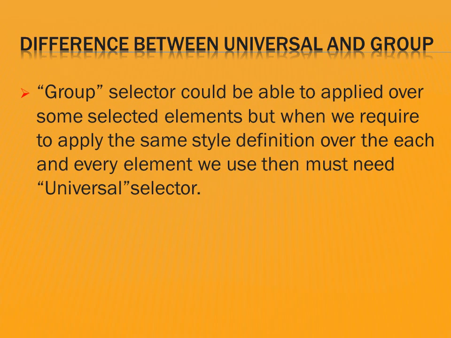The group selector can be applied over some selected elements, but when we require applying the same style definition over each and every element we use, then we need the universal selector.